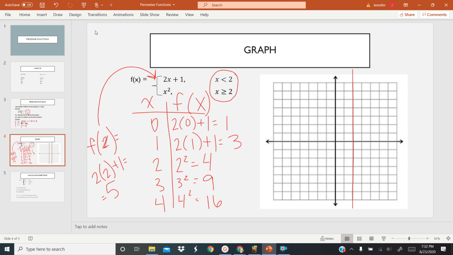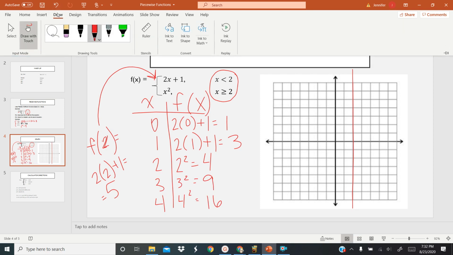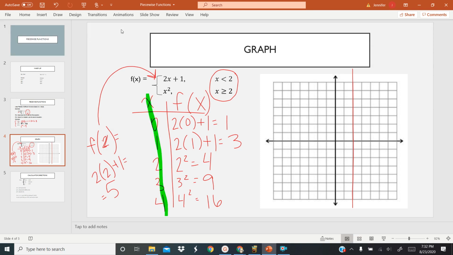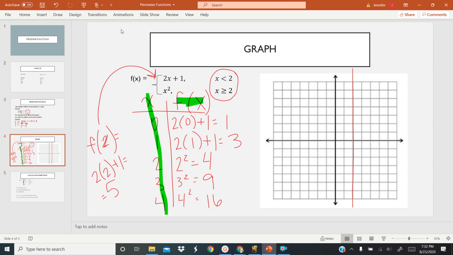So for each of these now, you have an x here. And then you have your y's, your f of x, that's the same as a y coordinate, in that 1, 3, 4, 9, 16. So that's going to give you the points.